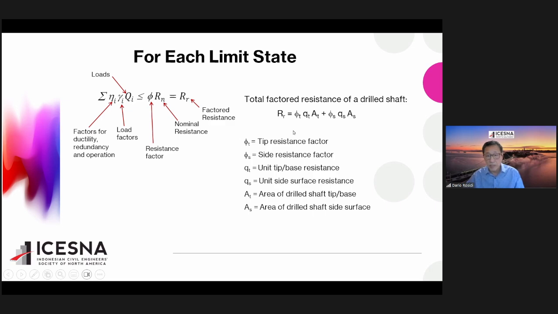Here, phi_T is the tip resistance factor, A_T is the area of the drilled shaft tip, and q_T is the unit tip or base resistance. The same thing goes for the side: A_S is the side area, the summation of the area along the pile, q_S is the unit side resistance, and phi_S is the side resistance factor.